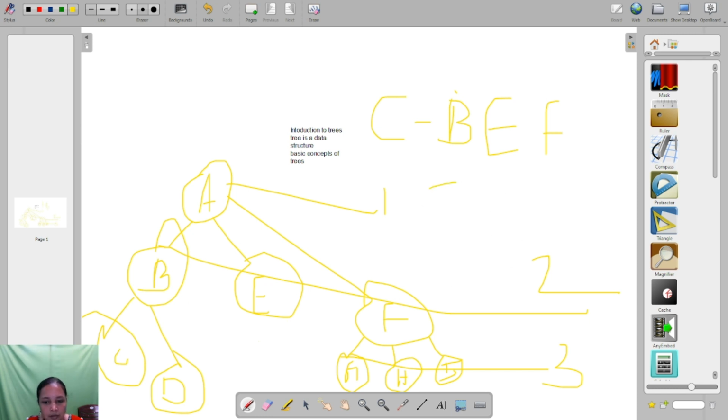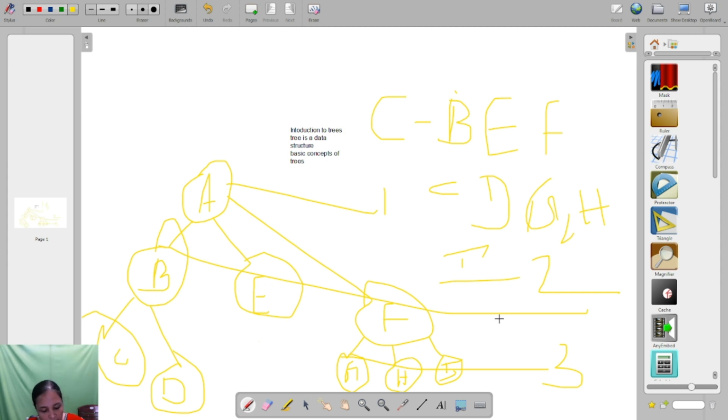Then F is the parent of G, H, I. So these are the children. So we know which are the parents and which are the children.